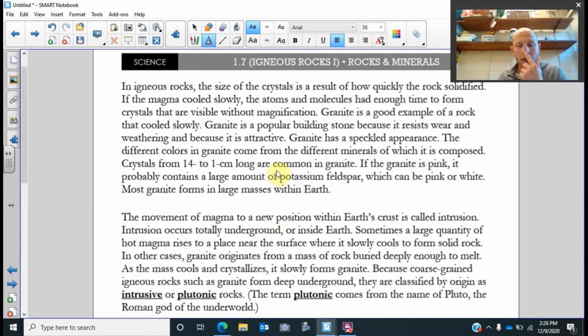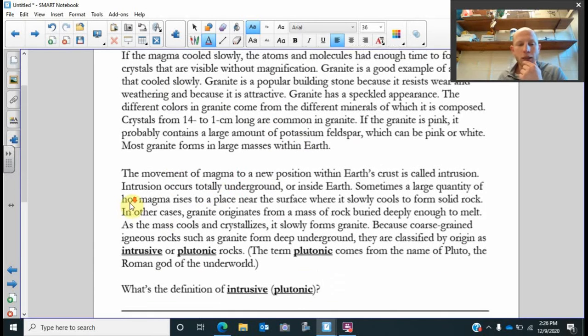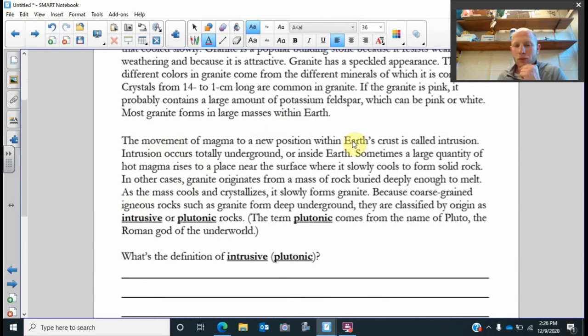Here we start talking about igneous rocks. The movement of magma to a new position is called intrusion, but it wants to know what an intrusive rock, or a plutonic rock, is. It gives you the name: Pluto was named after the Roman god of the underworld, right? And it says right here, as magma cools and crystallizes, it slowly forms granite.